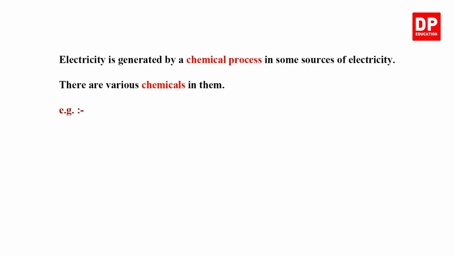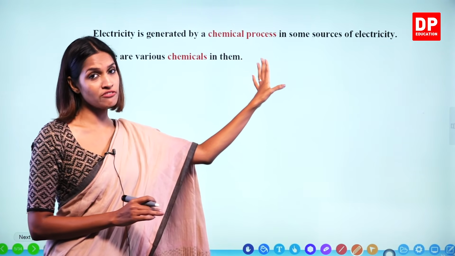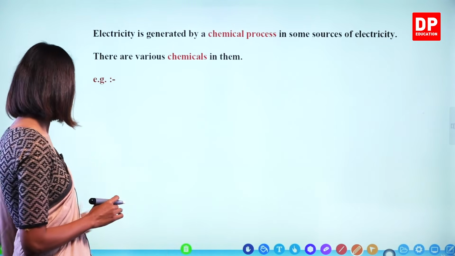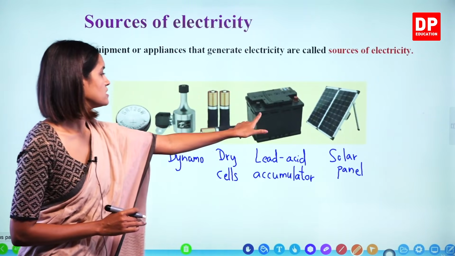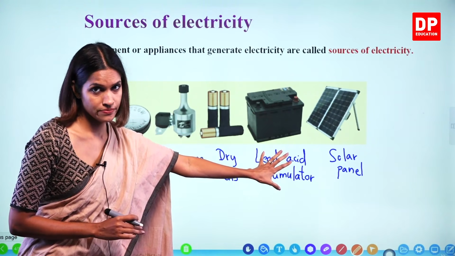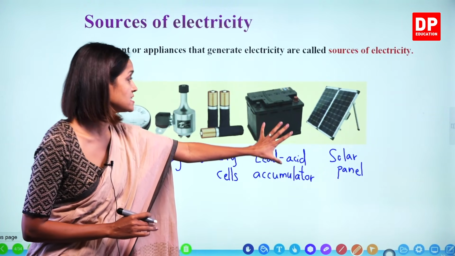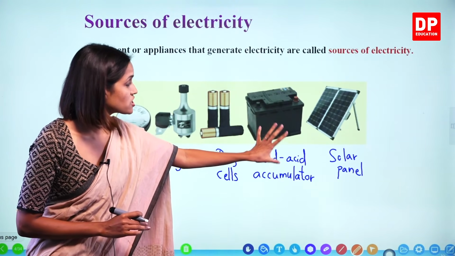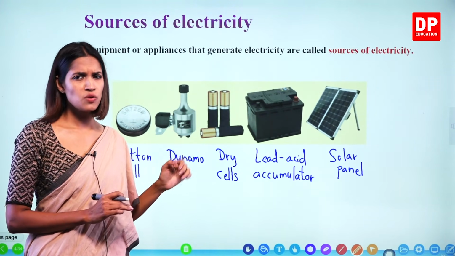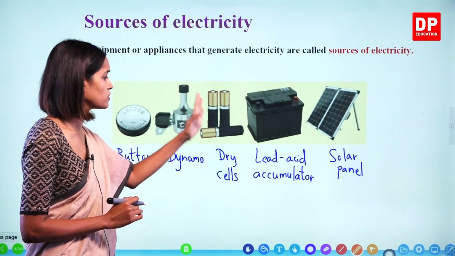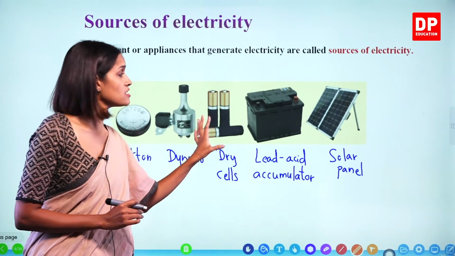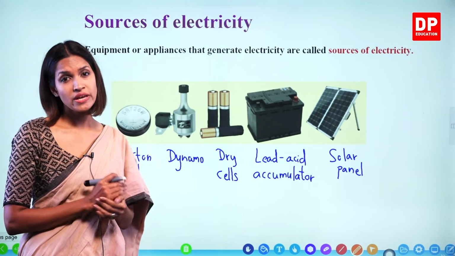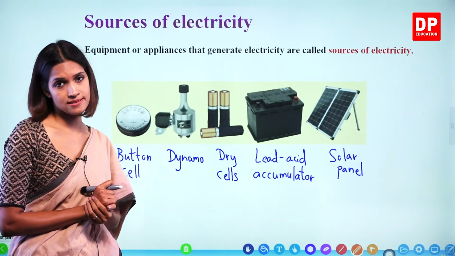Electricity is generated by chemical process in some sources of electricity. I already explained under this one, lead acid accumulator. It has chemical substances. Because of chemical reactions, it can generate electricity. What are the other instances? Dry cells also contain different types of chemicals inside these cells.